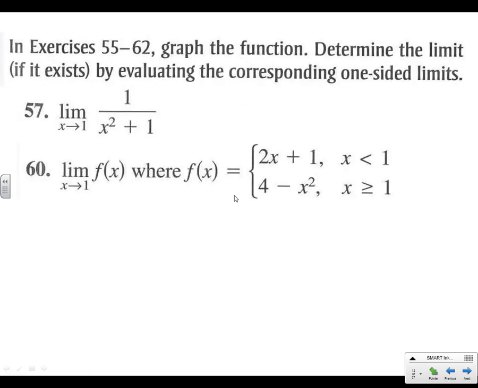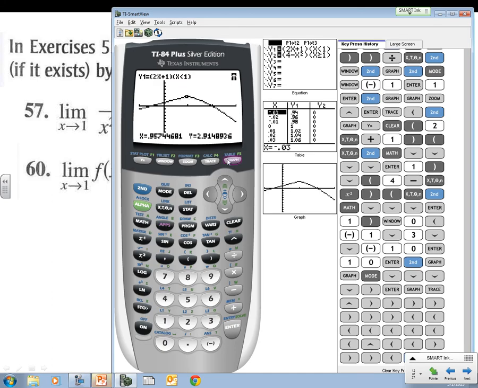You can also check that by just, if we plug in 1, which function are we going to land on? Equal to 1 is the bottom one, so we can plug it in here. 4 minus 1 squared is 4 minus 1 equals 3. Okay. We can also, jumping back here, look at the table.